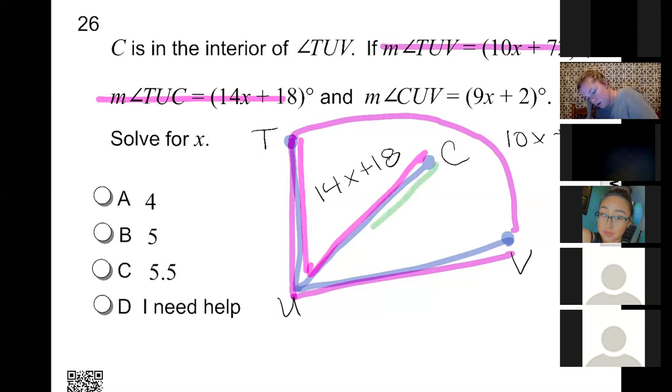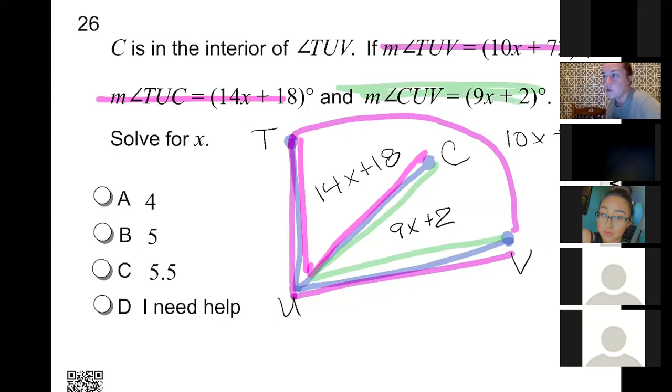So CUV is 9x plus 2. So we know if we take the pink and the green, you can add them together and you end up with the purple. So you should have this written down on your own sheet of paper right now.